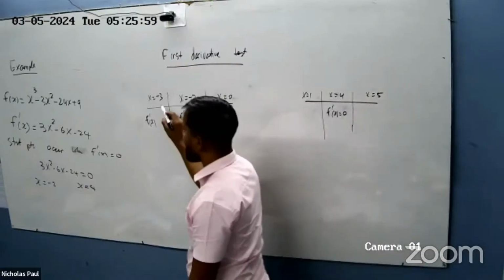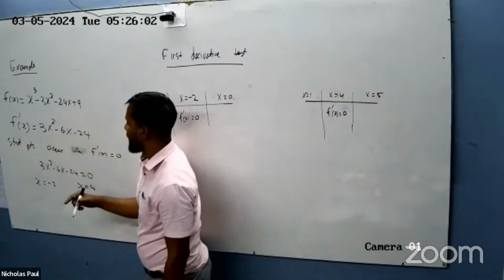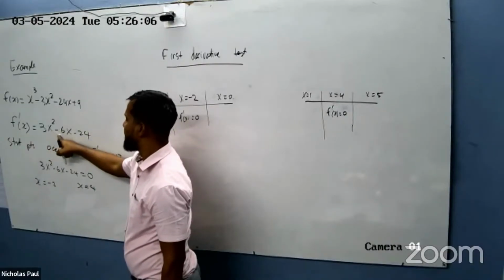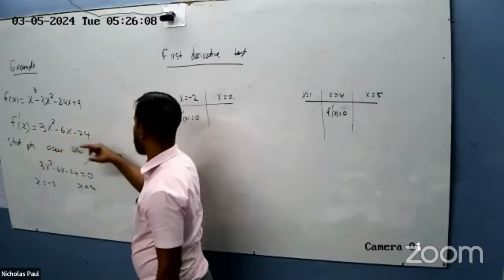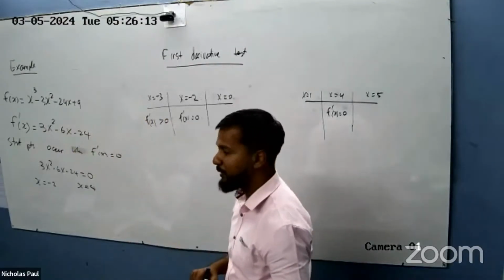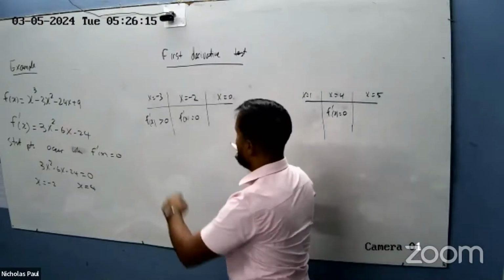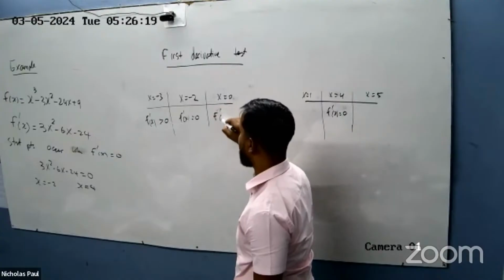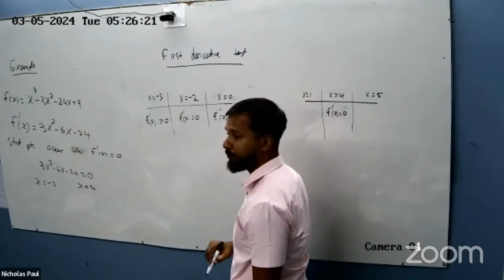So let's see. When it's minus 3, put minus 3 in here, x squared is positive 9, 9 by 3 is 27, 27 plus 18 minus 24, again more than 0. When you plug in 0, f prime x will be less than 0.